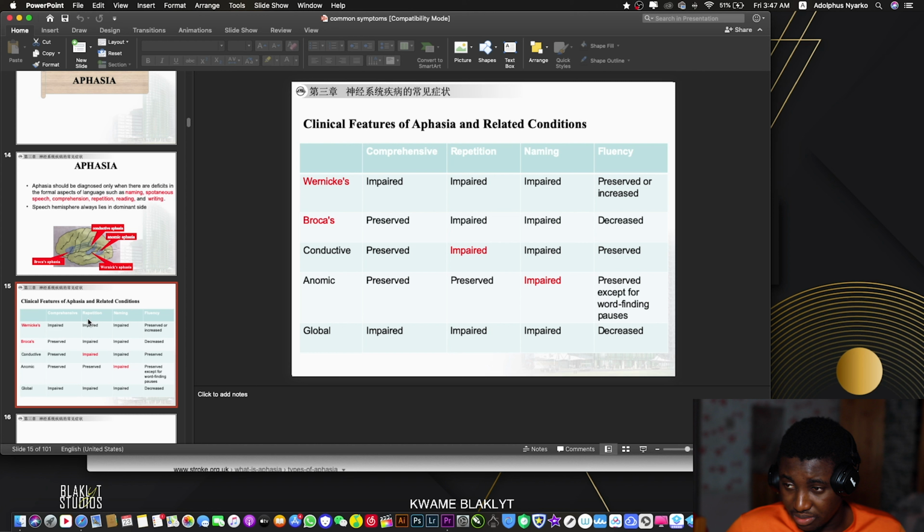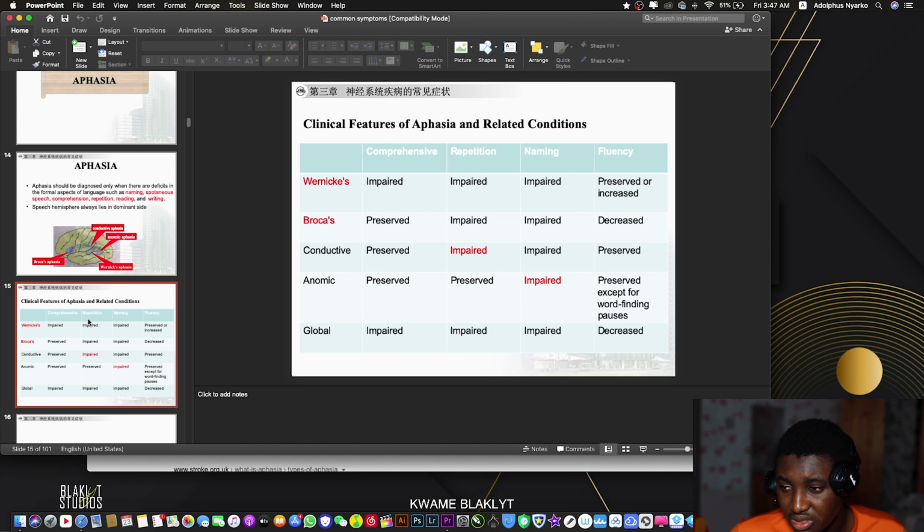And we've got Broca's. Comprehension is preserved, repetition is impaired, naming is impaired, fluency is decreased. We've got conductive. Comprehension is preserved, repetition is impaired, naming is impaired, and then fluency is preserved.